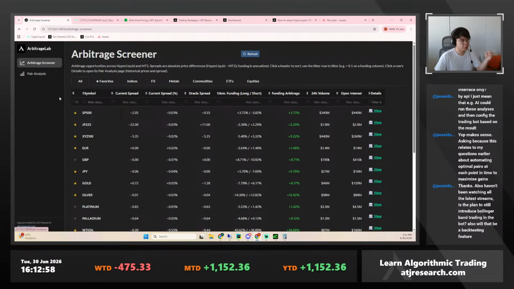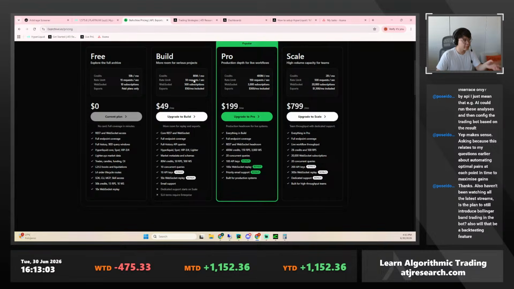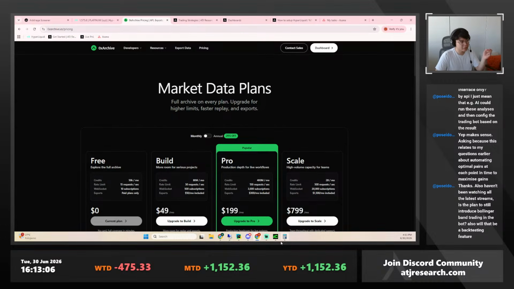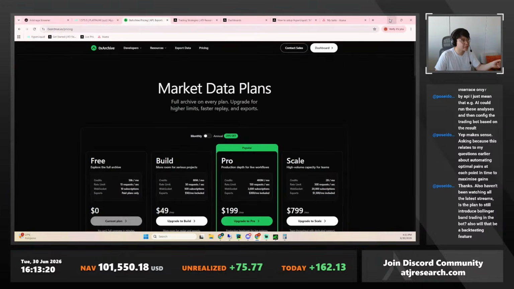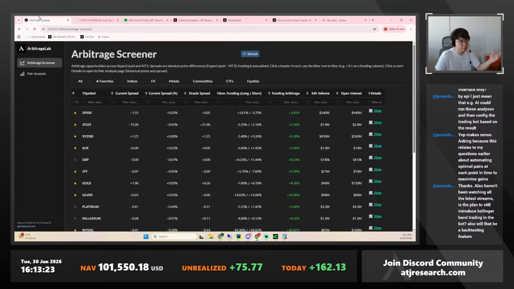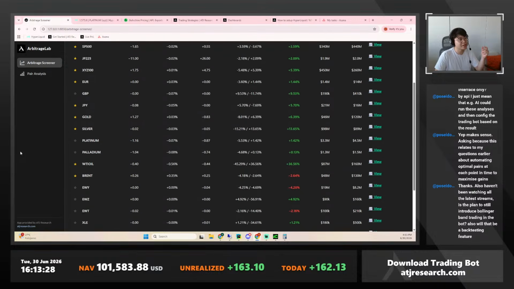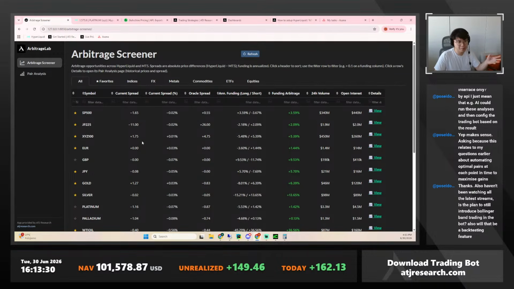The next step to host this app publicly is we need to integrate a new backend, which is 0x archive, and create some MT5 web API. Because MT5 has to run locally, I will have to spin up a server and interface MT5 with an API server that can then transmit the data to our Arbitrage Lab, which will process the data, put it into a database, and display the data and update the values maybe every 15 seconds.